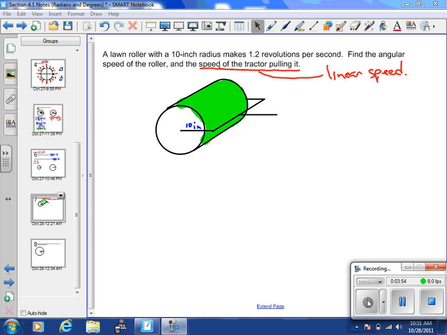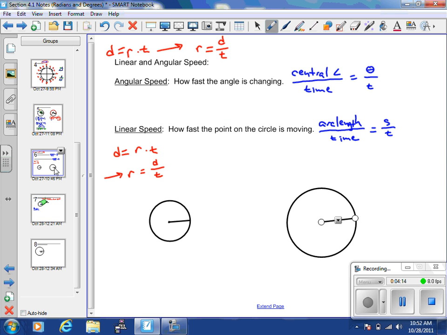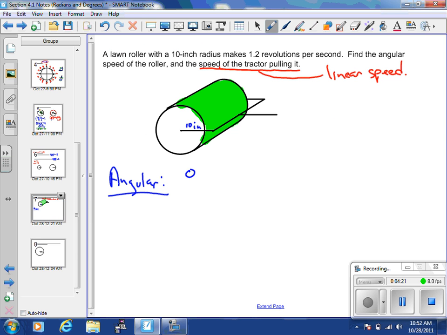All right, so continuing on here, we have a 10-inch radius, 1.2 revolutions per second. We're going to find angular speed and linear speed. So let's start with angular speed. Angular speed, we saw on the previous slide, is going to be equal to the angle divided by the time that it takes to travel that angle.